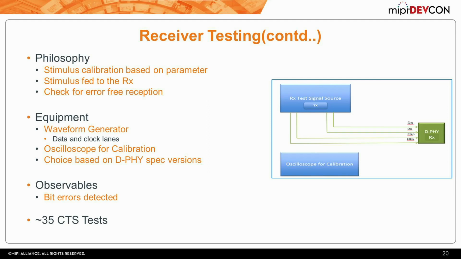Talking in terms of D-PHY, you need a waveform generator which generates data and clock, 4 lines of data, DP DN and CP CN. And of course, you would need an oscilloscope for calibration purposes. There are about 35 tests in the compliance test suite.